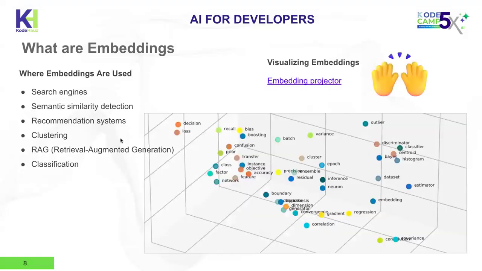So where do we use embeddings? We use embeddings in search engines. In those days when Google started, before AI really took over, Google used a lot of interesting techniques, heuristics and algorithms just to search for something. But if you search for white elephants, and elephants that are white, those are two different phrases, but they mean the same thing.